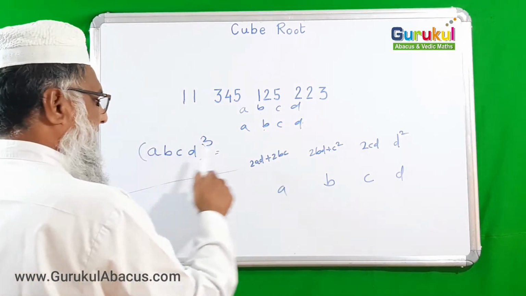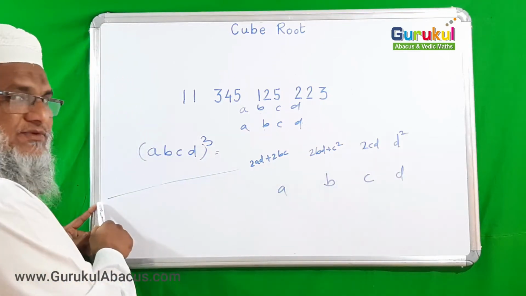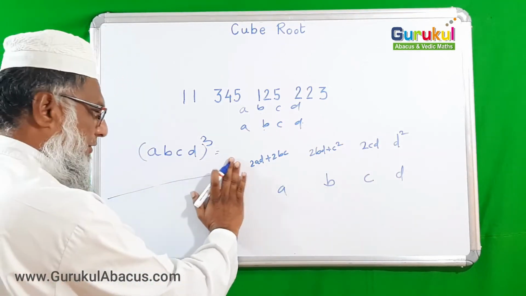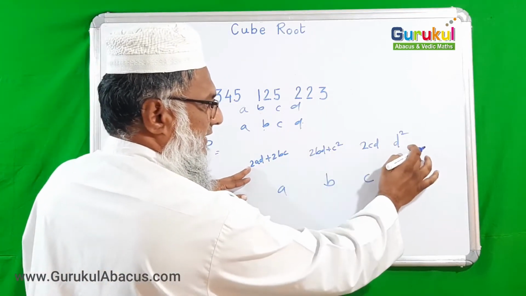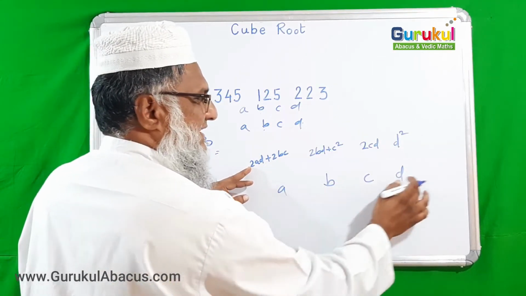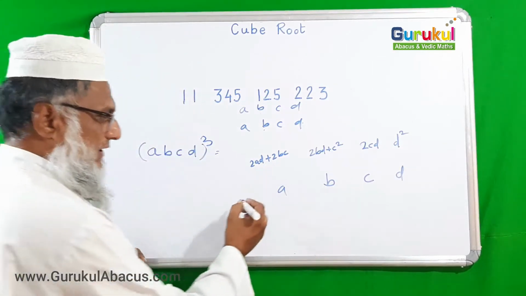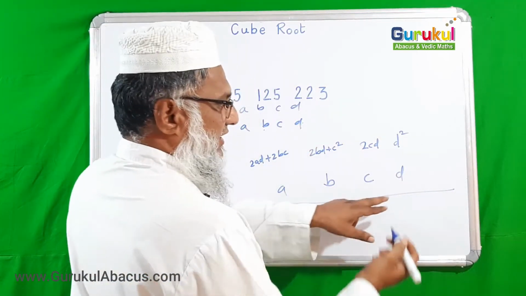According to our explanation, the square's expansion has 7 terms, but we have not written the first 3 terms. We are only thinking of the last 4 terms multiplied by a, b, c, d. Let us start the multiplication. Here we will find whatever we require.